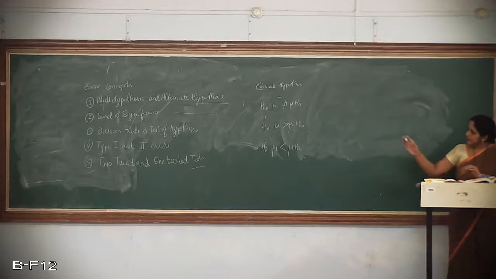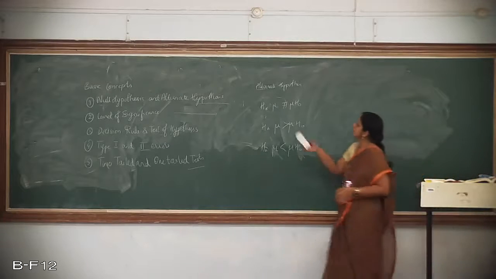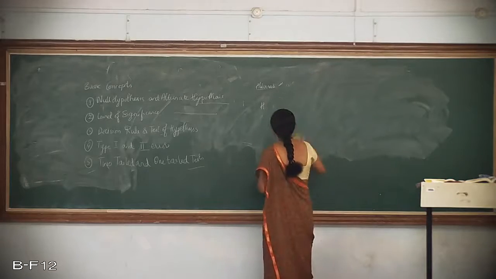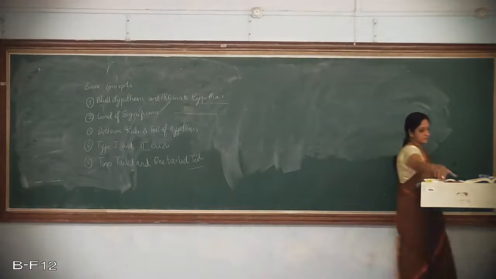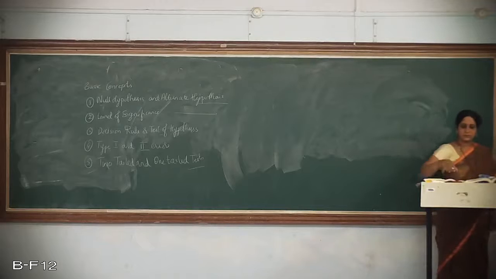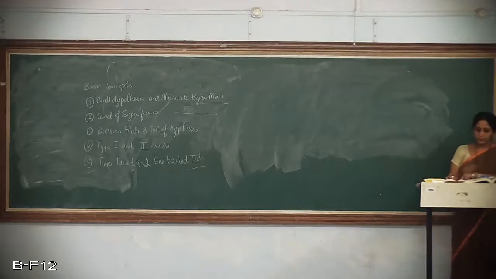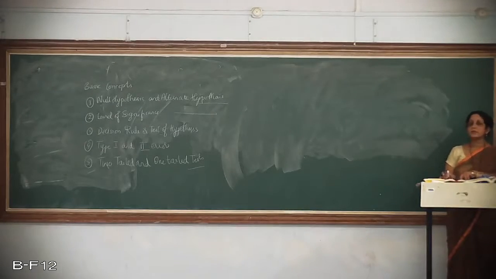Then the next one is level of significance. When I talk about level of significance, this is one of the important aspects for defining the hypothesis. So if we are talking about null or alternate hypothesis, we are talking about with what confidence level we are stating it.